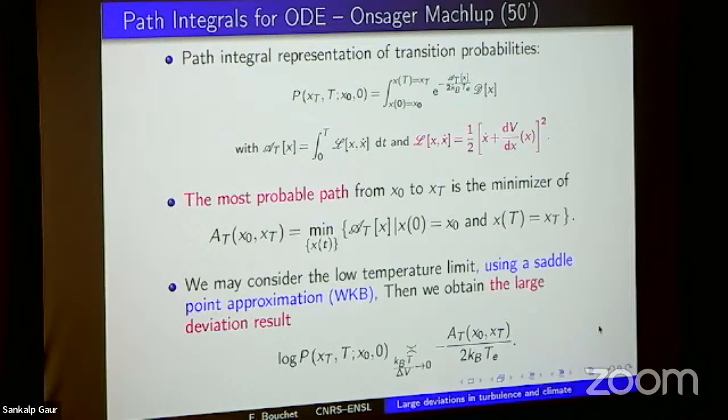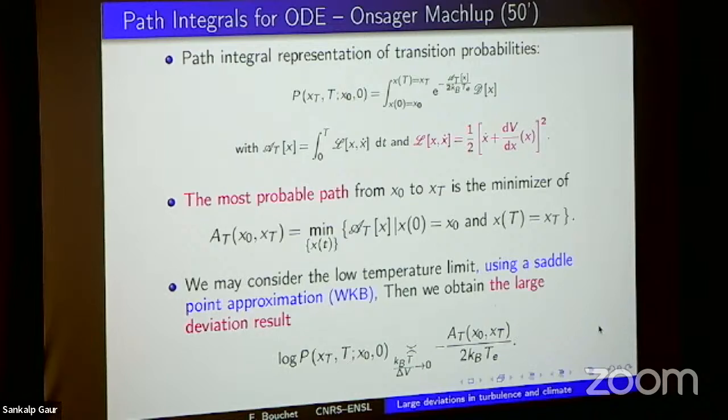So most of the paths should concentrate close to the minimum of the action. And you even know the order of magnitude of the fluctuation: it should be of order square root of kBT. You can even expand this path integral at next order, at any order you like, and compute the correction. In this case, you can actually compute the prefactor and the correction.